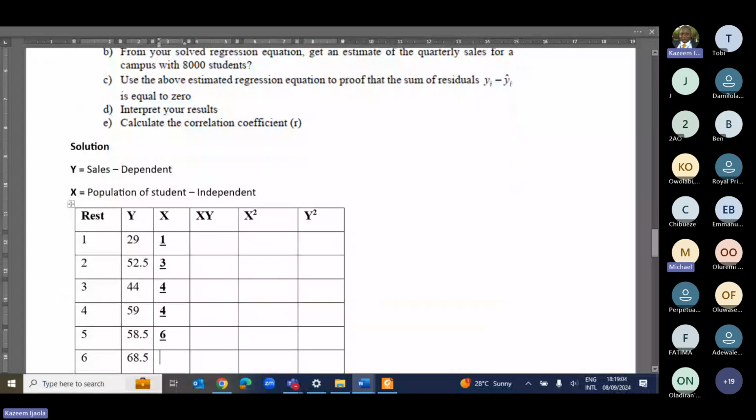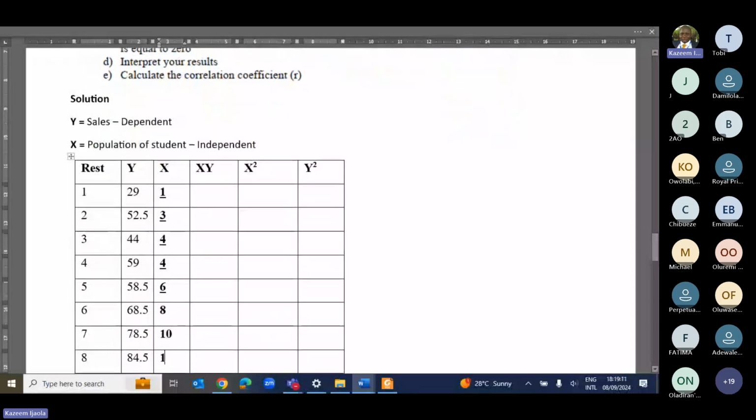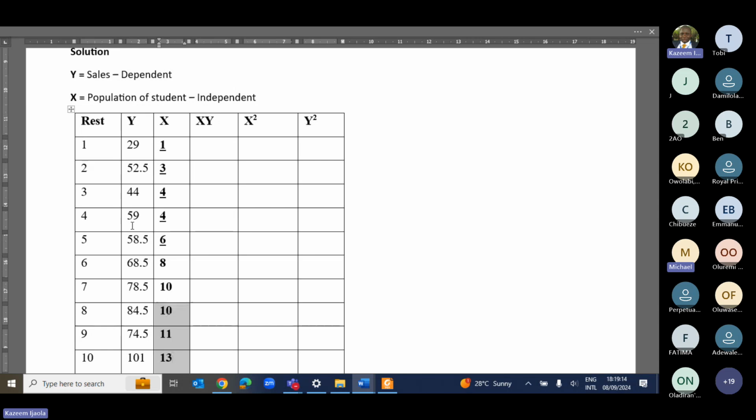All right, I hope you guys are with calculator. Let's be fast now. XY: 29 times 1 is 29. 52.5 times 3 is 157.5. 44 times 4 is 176. 59 times 4 is 236. 58.5 times 6 is 351. 68.5 times 8 is 548. 78.5 times 10 is 785. 84.5 times 10 is 845. 74.5 times 11 is 819.5.